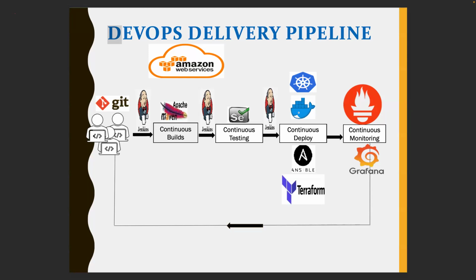It's not a hard and strict rule that you should integrate every tool in the pipeline, and only then it's DevOps. DevOps is a huge stack of tools. But here we need to understand, as a DevOps engineer, you are the person who will design this and decide. Of course, architects will be there too, who will decide what stages we should include in the pipeline and how to design it.